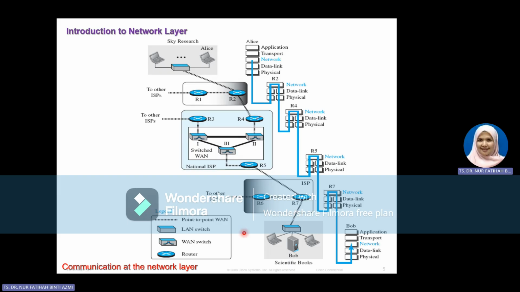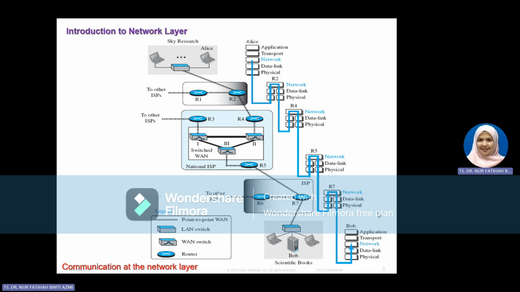And we have a LAN switch here. The LAN switch is used in the local network, and the WAN switch is used as the backbone or core switch of this network.